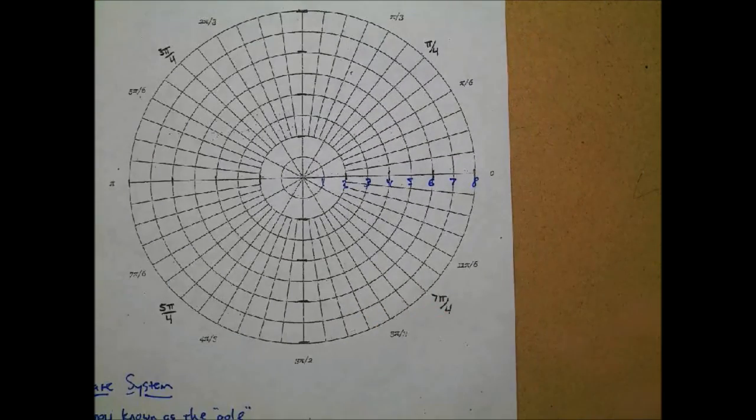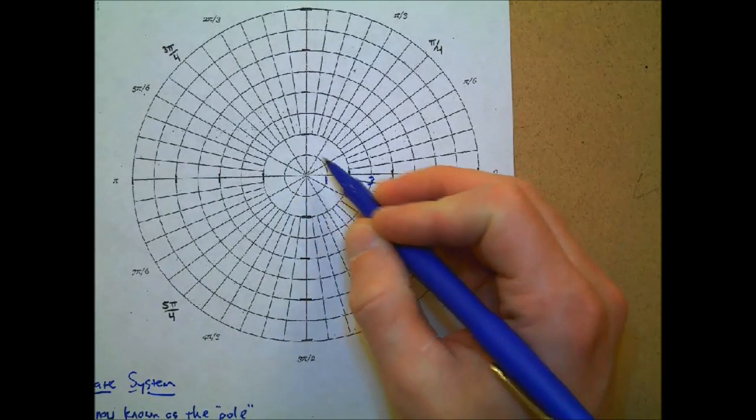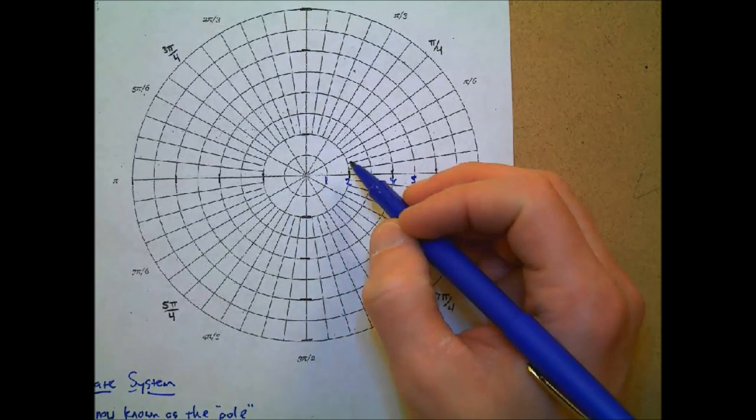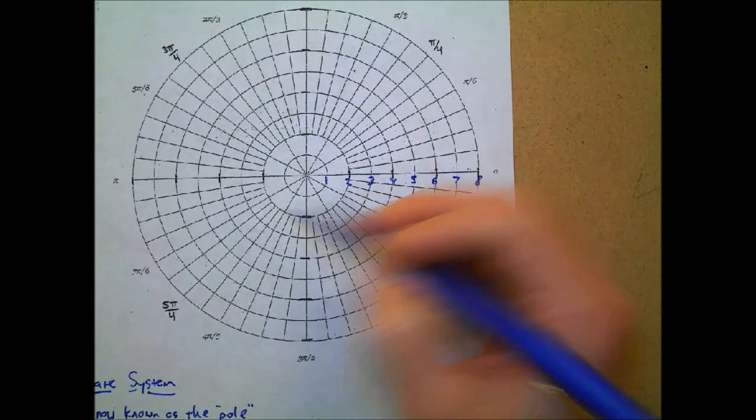Every ring you label as 1, 2, 3, 4, 5, 6, 7, 8. These are just the distances. Any point on this ring will be 1 radius value from the center. Anything on this ring will be 2 radiuses, or 3, 4, 5, and so on.